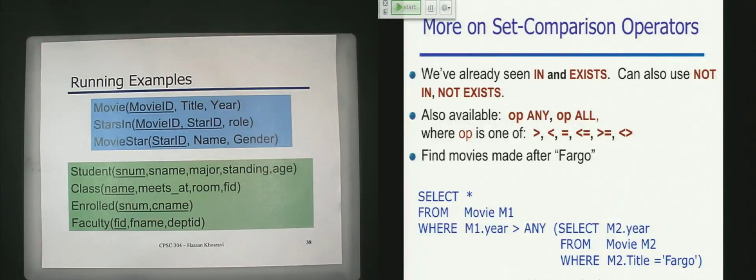So in my inner query, I'm finding the year where Fargo was created, and then I'm doing SELECT star from movies where the year of that movie is higher than when Fargo was made.